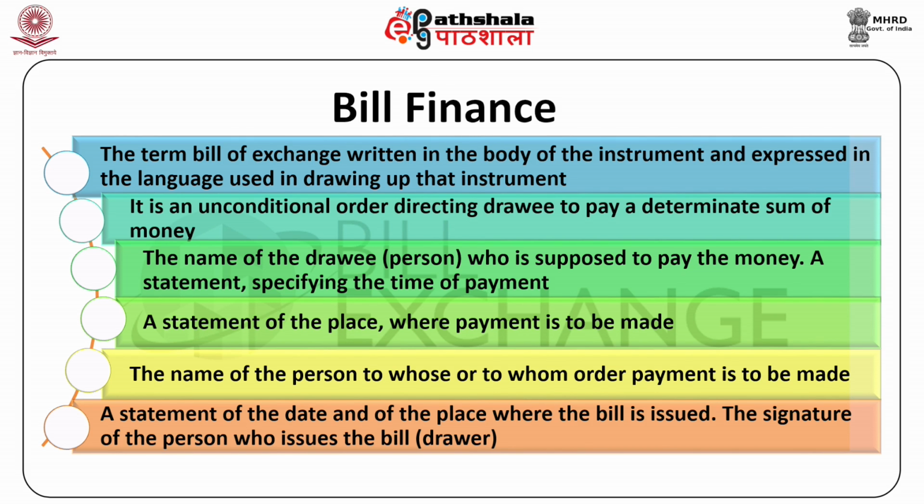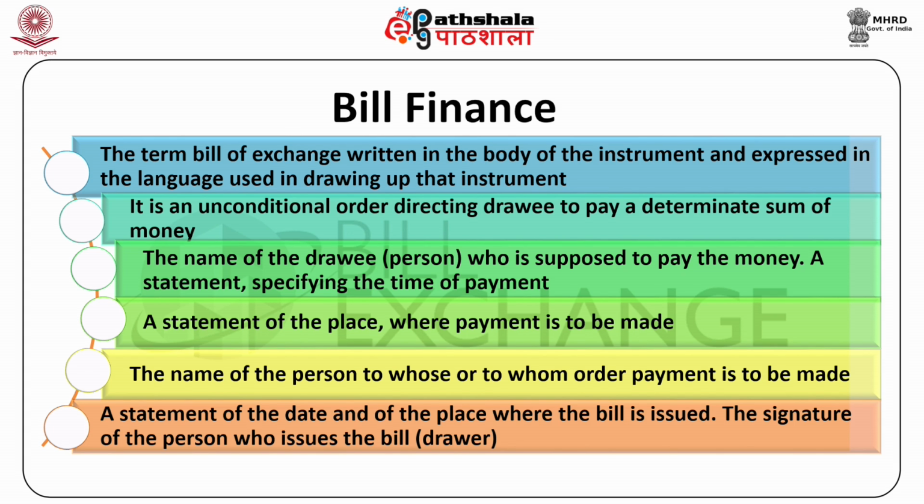An unconditional order directing the drawee to pay a determinate sum of money. 3. The name of the drawee, that is the person who is supposed to pay the money, and a statement specifying the time of payment.